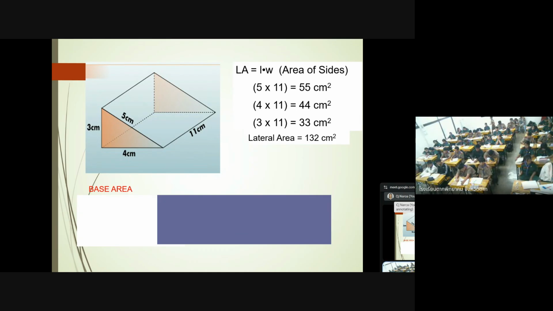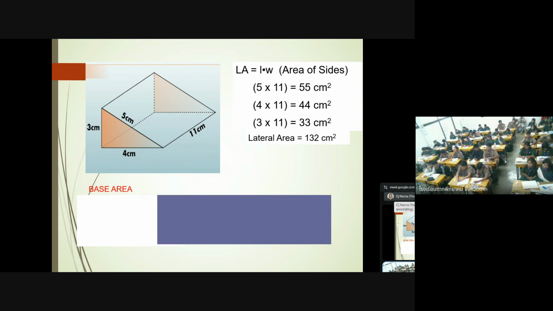Okay, so as you can see, when we say perimeter, we just add all of the sides. So we have 5, 5, 4, 3. So we can have 5 plus 4 plus 3 and multiply by 11. And then, 5 plus 4, 9 plus 3, 12.